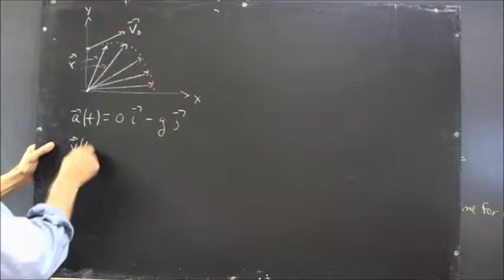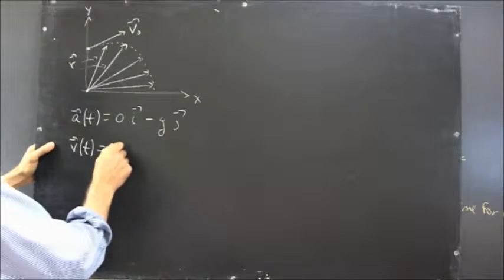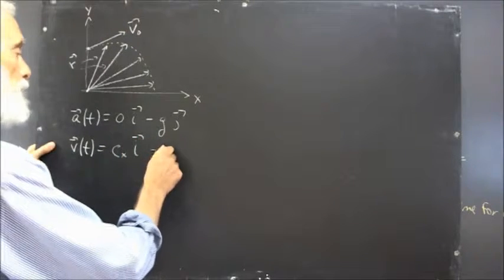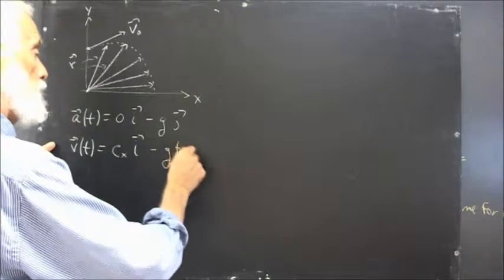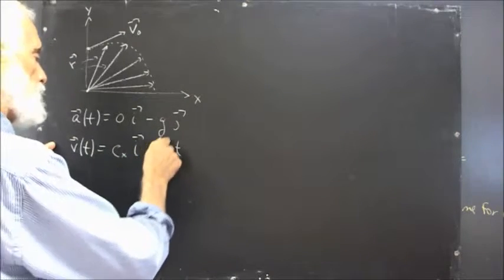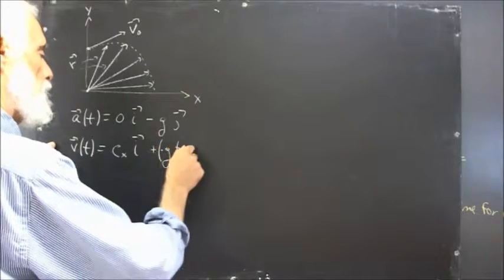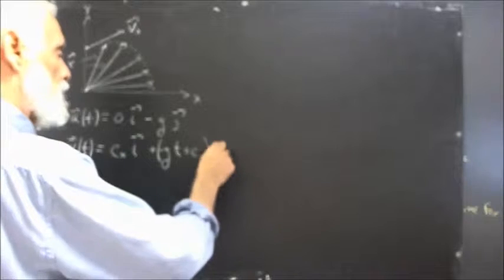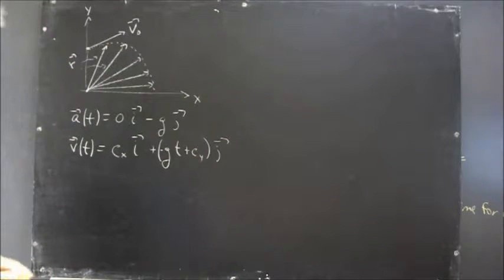Well, v of t is going to equal what I've called in class cx i minus gt. Let's make that a plus a negative gt plus cy in the y direction. Fairly simple.